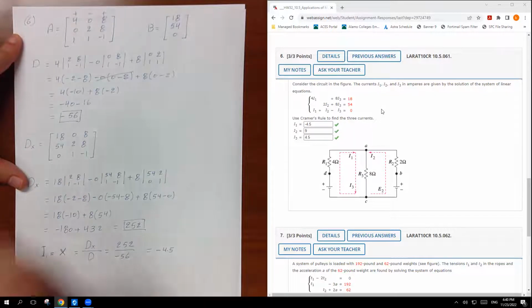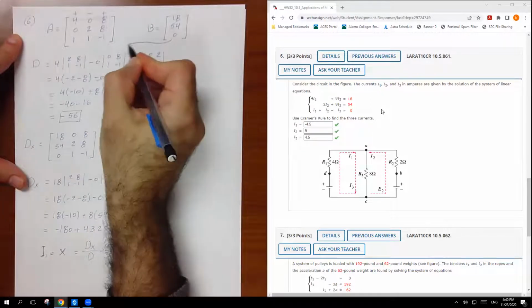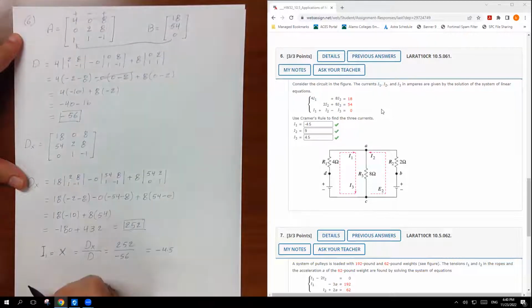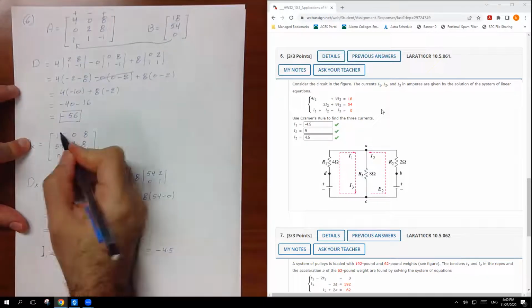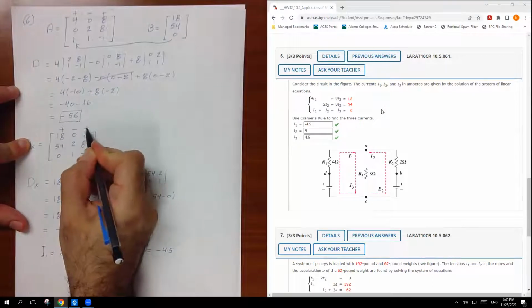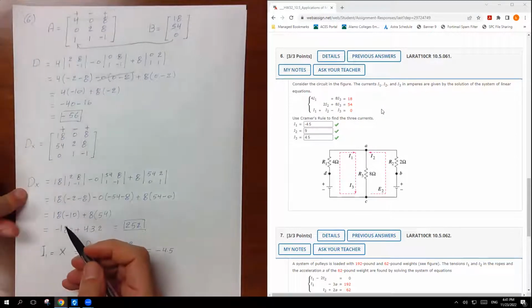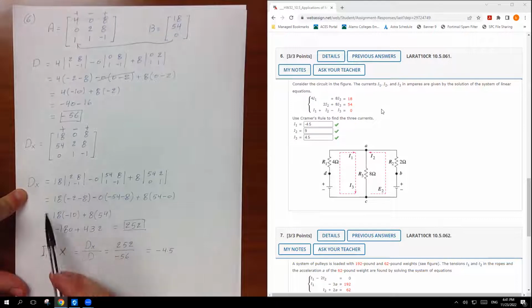Next step, we're going to change B on the first column to find dx. Plus, minus, plus. Find dx. By doing these steps, you're going to get 252. That means I is going to be the same thing, which is the x, which is dx divided by d.